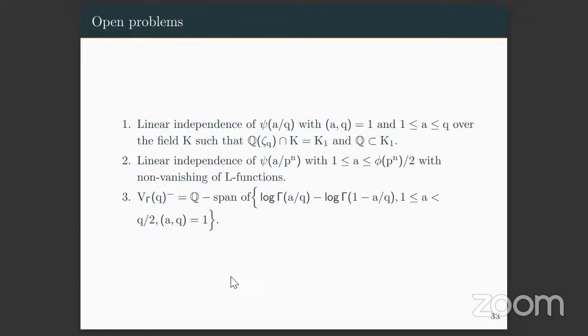Hi, this is Vivekananda. Can you hear me? Yes, sir. Hi, Sonika. This was a nice talk. You have studied L at 1 or the derivative at 0. I would like to know whether there are results at some other natural numbers.